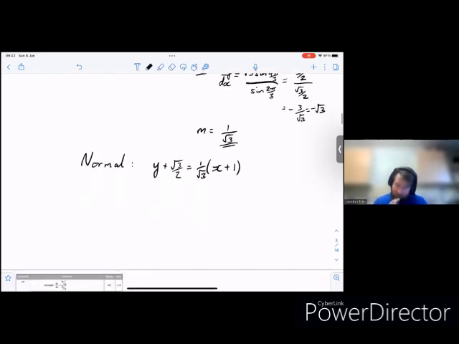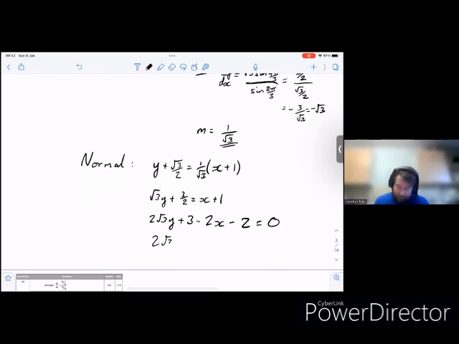Let's just multiply both sides by √3 first. We get √3y plus 3/2 equals x plus 1. Multiply everything by 2, we get 2√3y plus 3 minus 2x minus 2 equals 0.